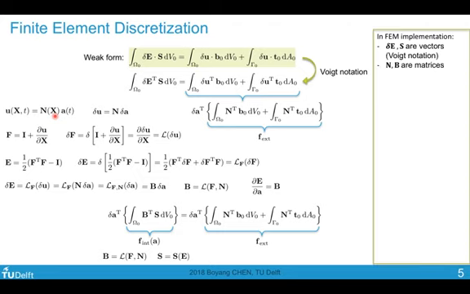In the actual FE implementation, as I already mentioned, delta E and S are vectors, N and B are matrices. But for a very complex geometry, we may have irregularly shaped elements. And for this type of elements, even in the initial configuration, we may not be able to find N in terms of capital X.